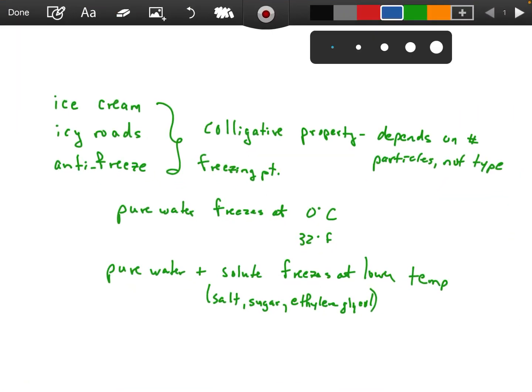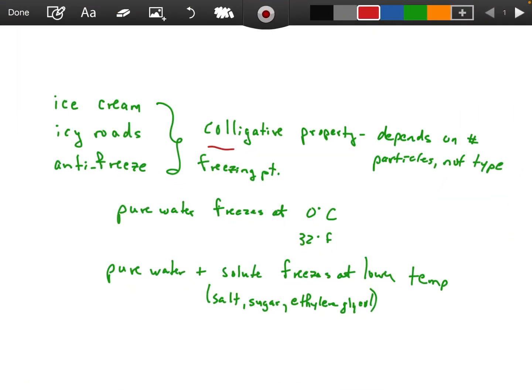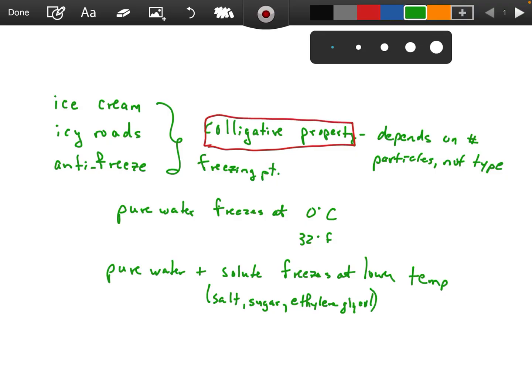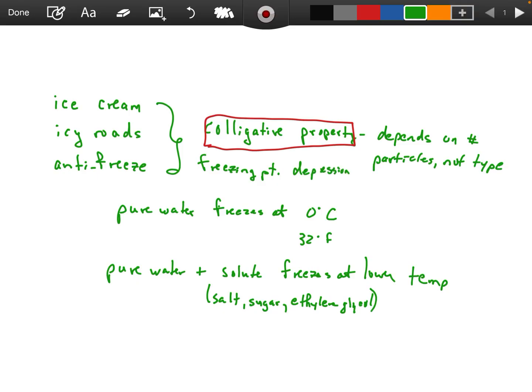All right, so we are learning the concept of colligative properties and freezing point depression. A colligative property is a property. There are many different types of properties or traits that we talk about in chemistry. Freezing point is a physical property.